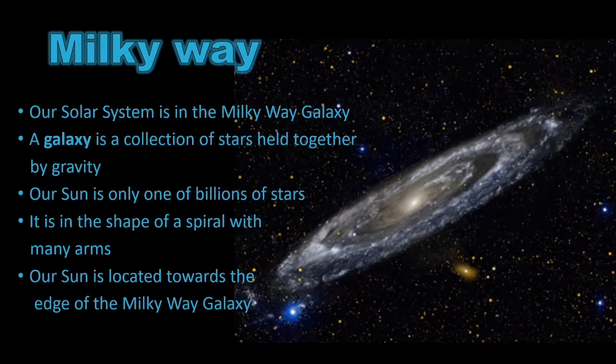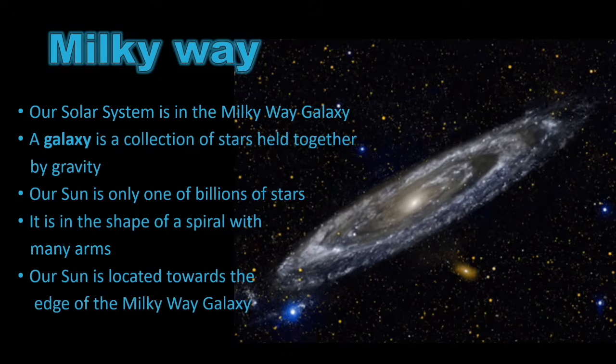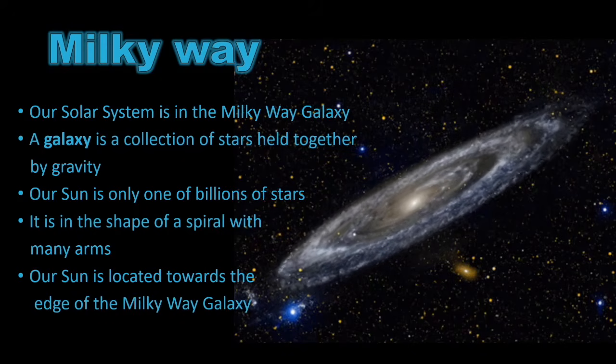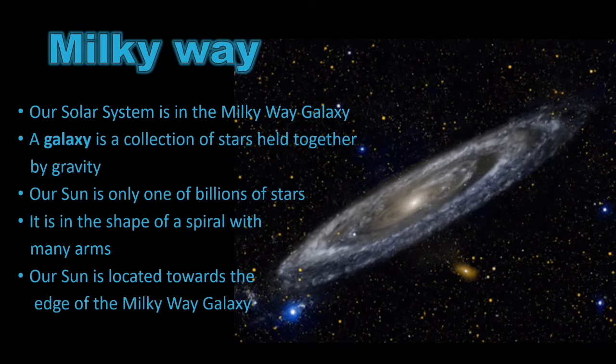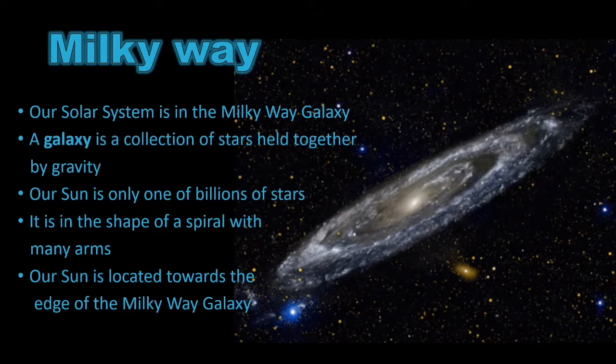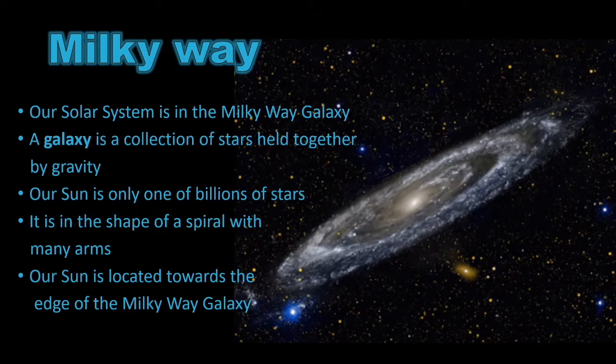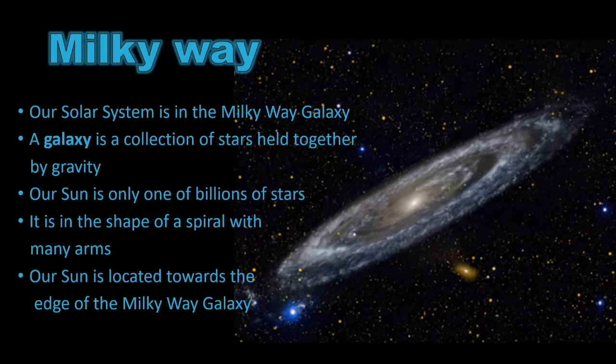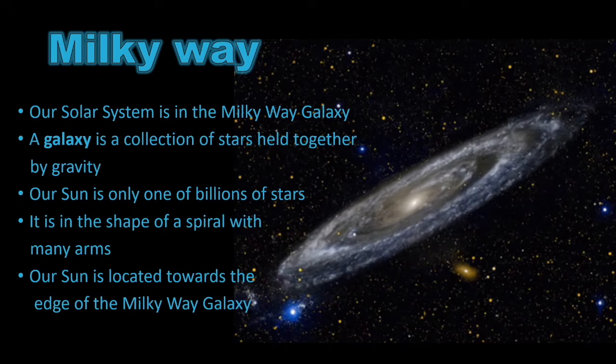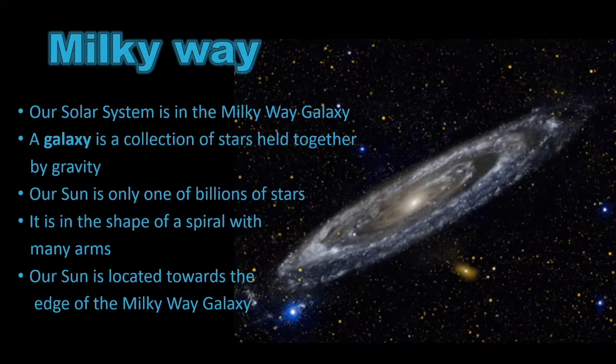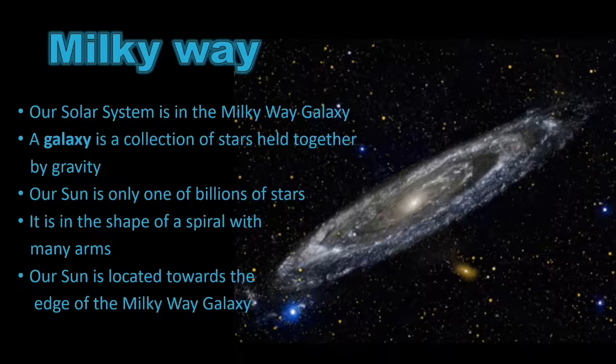Our sun is located towards the edge of the Milky Way. On a clear night, if you look up in the sky and you see a white stroke going down a cross section of the night sky, that's part of the Milky Way that's actually quite visible.